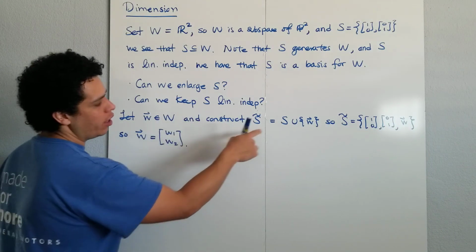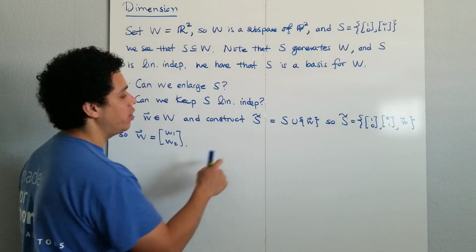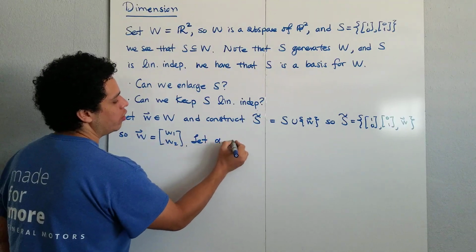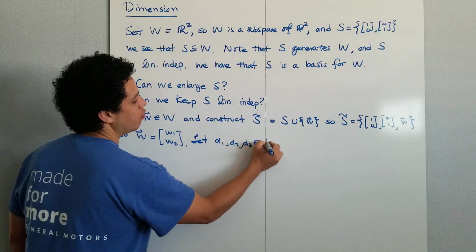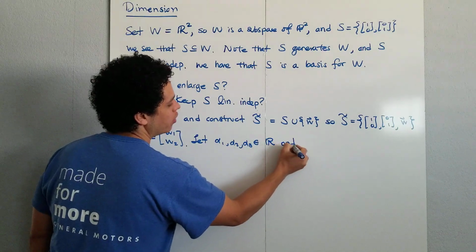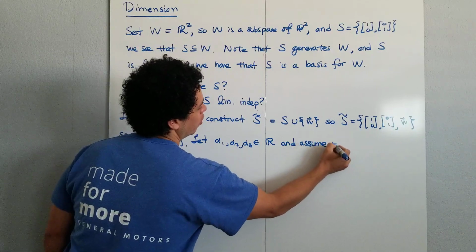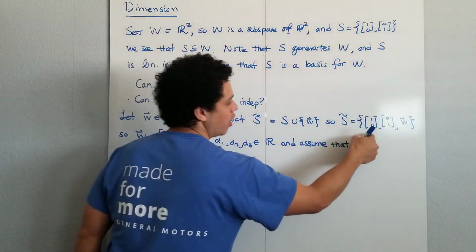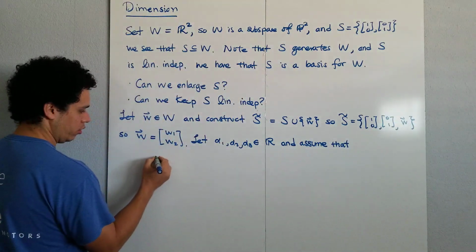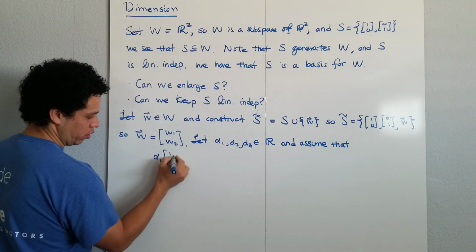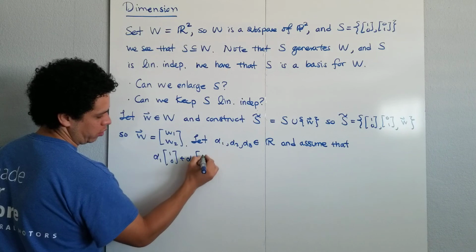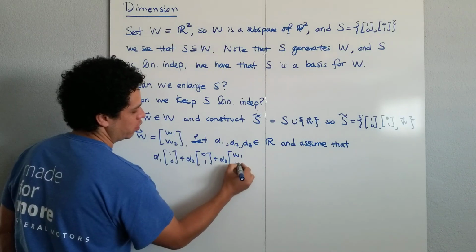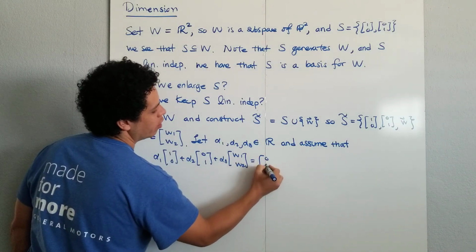Now, to verify the linear dependence or independence of this set, I'm going to introduce this. So let alpha 1, alpha 2, and alpha 3 be real numbers. And assume that once I form a linear combination with these elements and the elements from here, I obtain the zero vector.